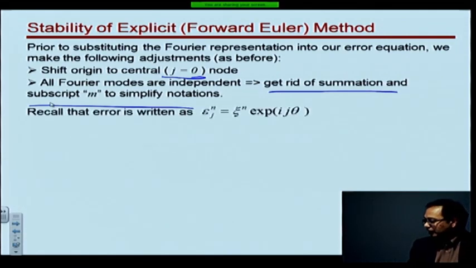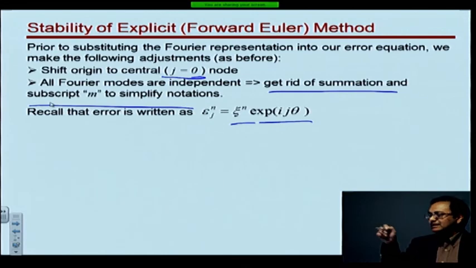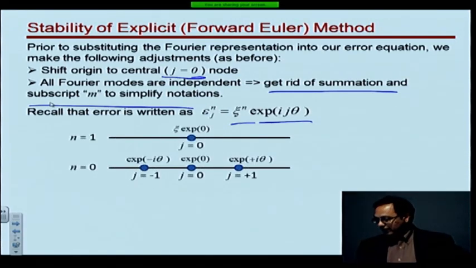Our error is given by that. Again, I've gotten rid of the summation. This is actually a summation over m modes, m going from 0 to infinity, but for simplicity we are getting rid of that. So that's our error. If you now look at the one-dimensional case, this is j equal to 0, j equal to +1, j equal to -1.